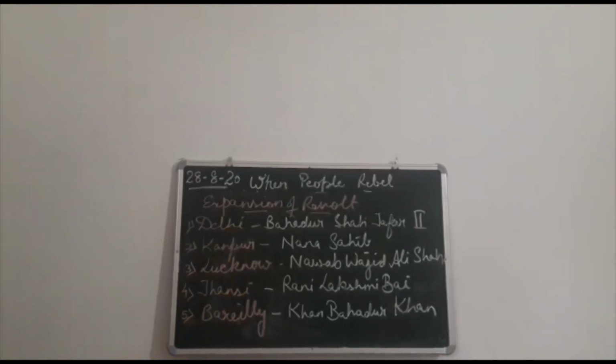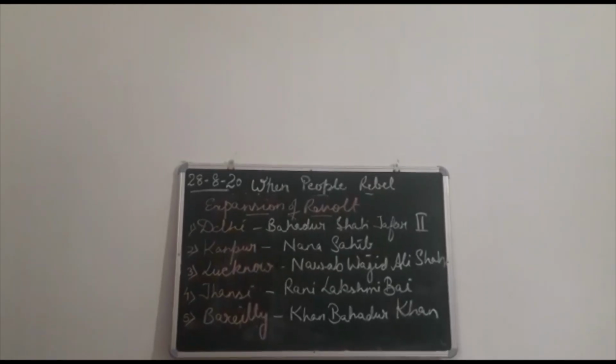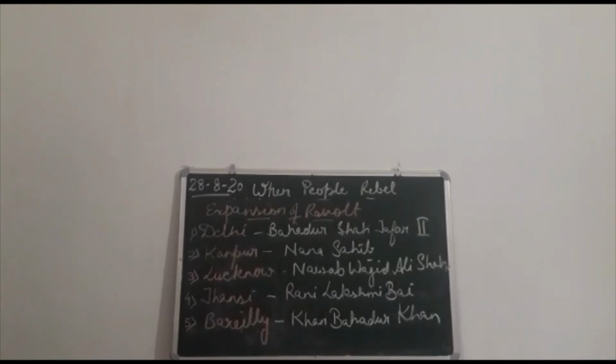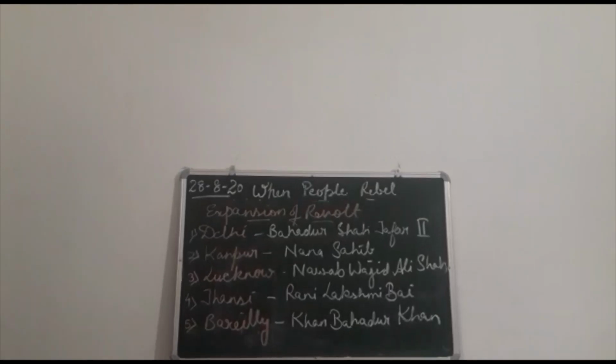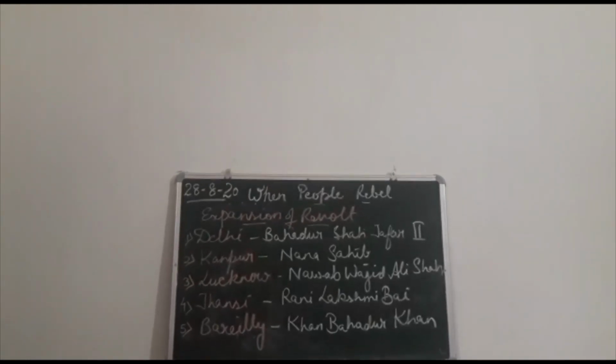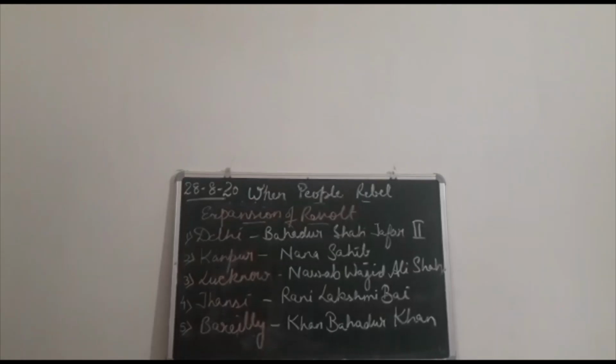On 9th May 1857, 85 soldiers of the 3rd Cavalry at Meerut refused to obey the British officers. These soldiers were dismissed from service and sentenced to 10 years of imprisonment. The soldiers set off for Delhi, and on their way they cut the telegraph wires.